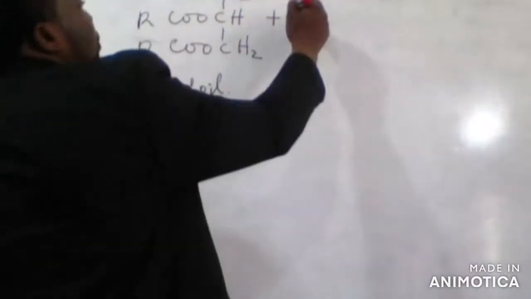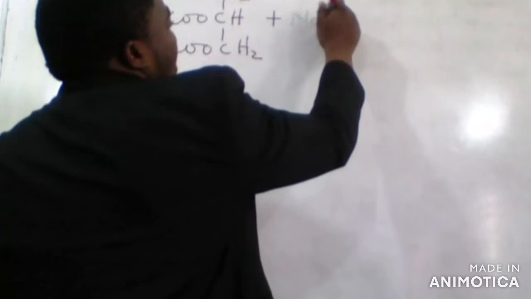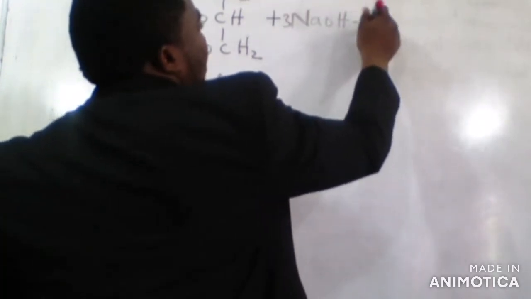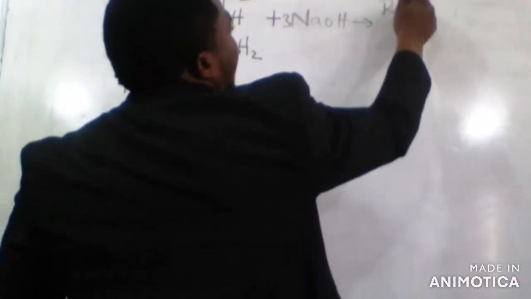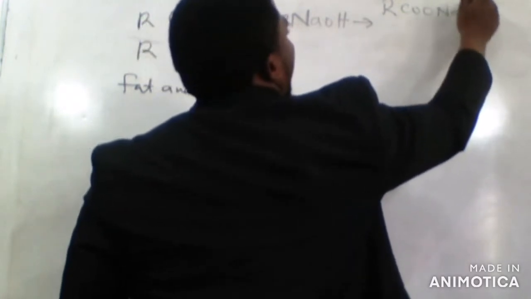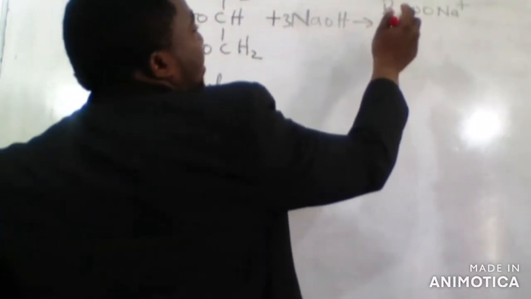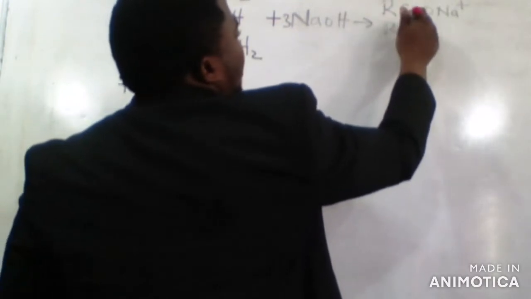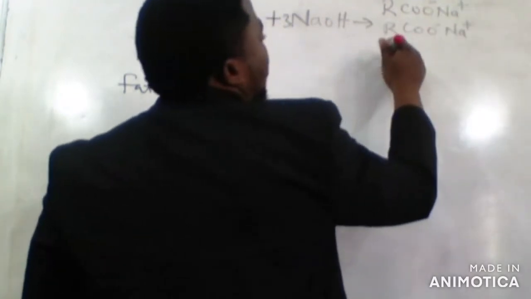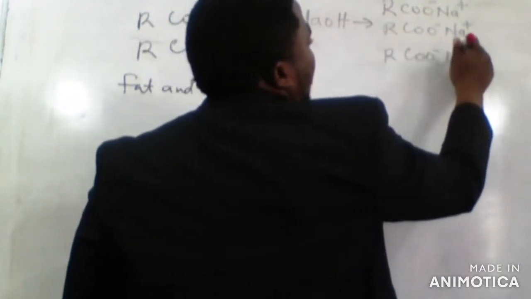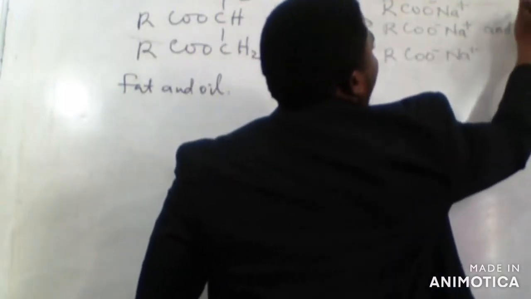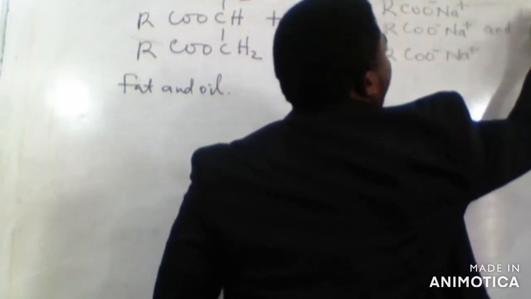Okay, if I want to use sodium hydroxide to hydrolyze, I will get a sodium salt of the fatty acid, which is this, and the same propane 1,2,3-triol or glycerol.